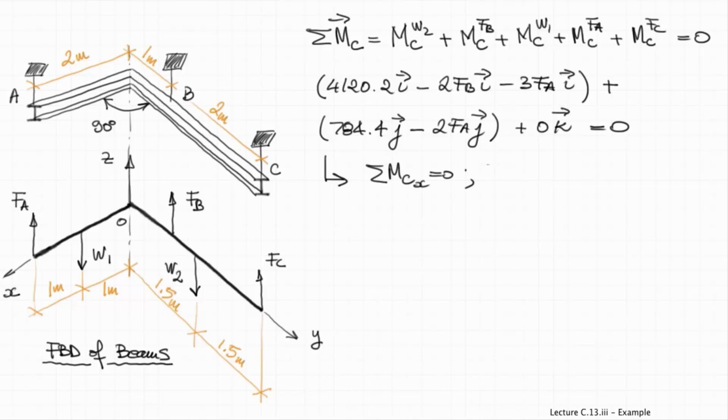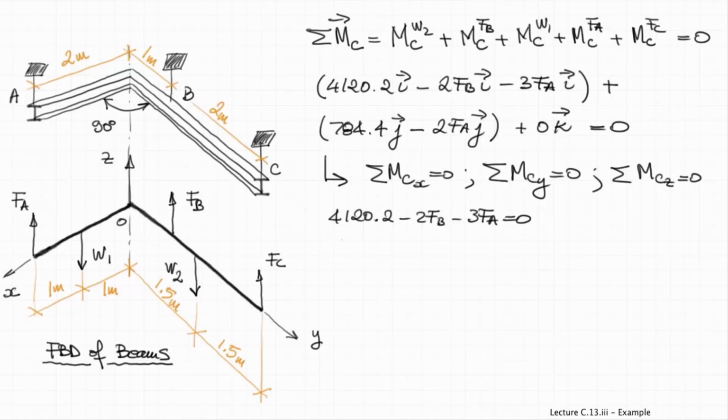And if we set these three terms equal to 0, in fact, we're writing the moment equation summations around point C about the x, y, and z axes. So in this case, again, there's no moment around the z axis, so we end up only with two equations for the coefficients of the term in i and the coefficients of the term in j.